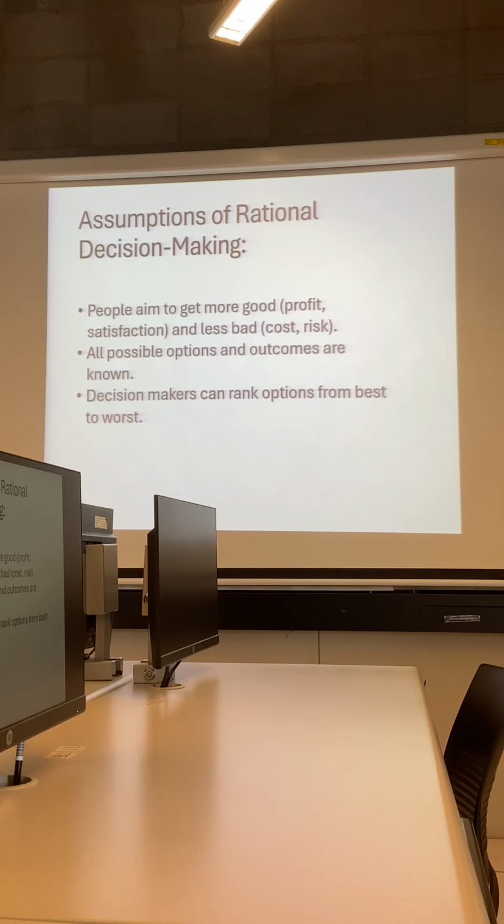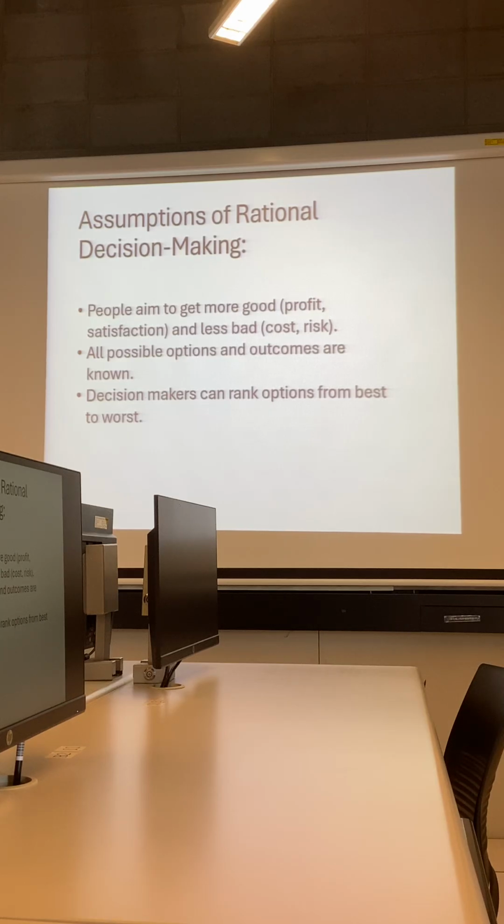When we are making decisions, we need to assume that our decision is pretty much rational. Of course, we would like to get more good things. Most likely people will prefer to make decisions for good things, for example to make you more satisfied, happier, make more profit, and less bad.